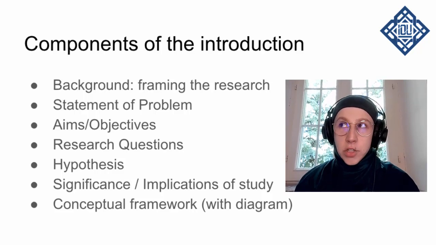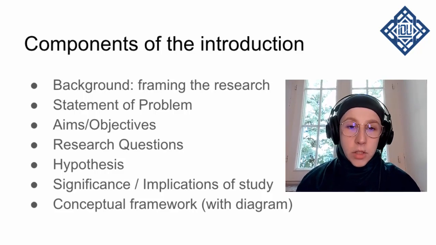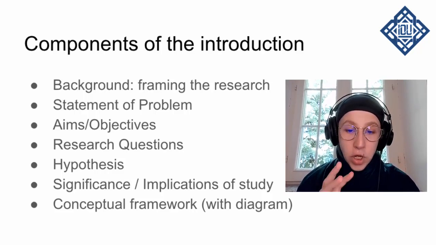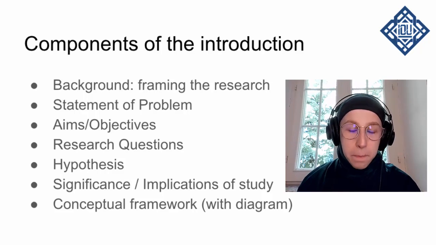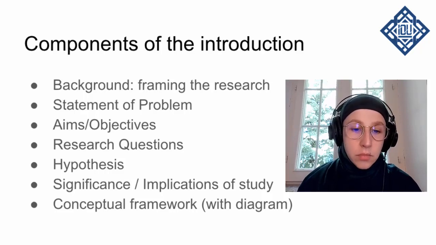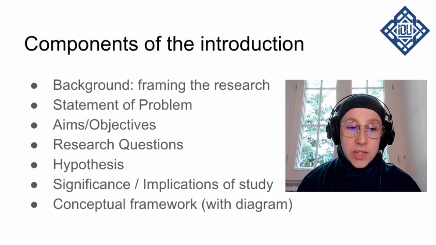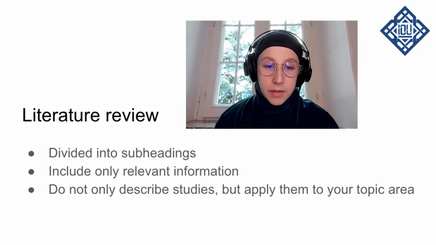In your introduction, you should include all of these components, possibly with headers that are going to explain to you where exactly you are. After you have done that, you should proceed to the second chapter, which is the literature review.